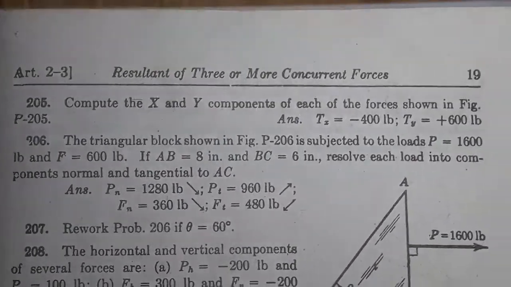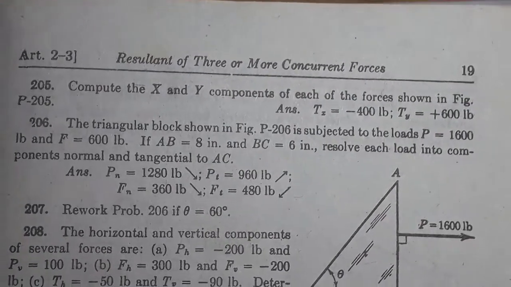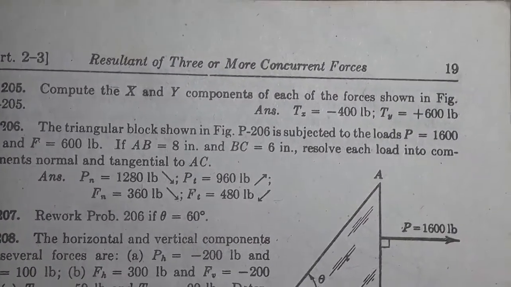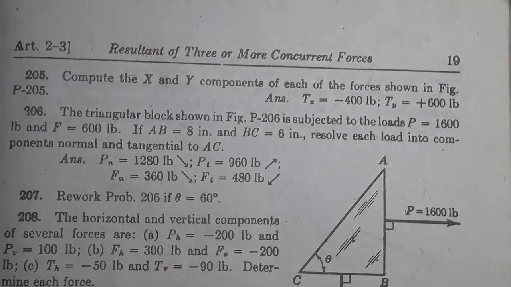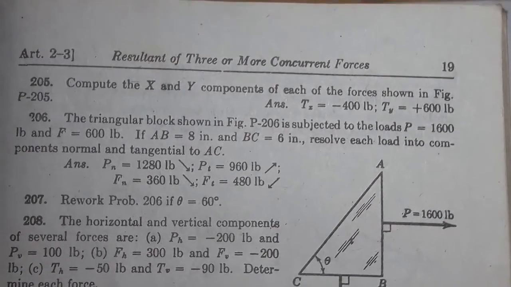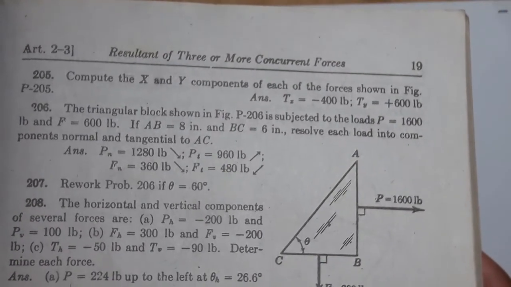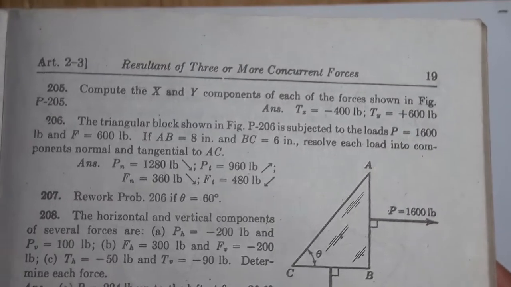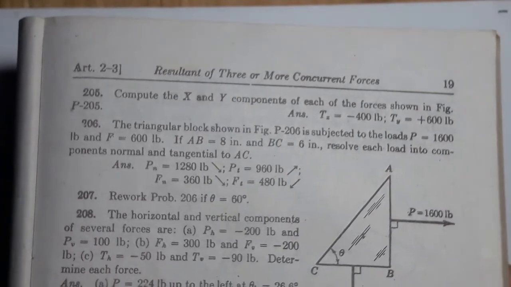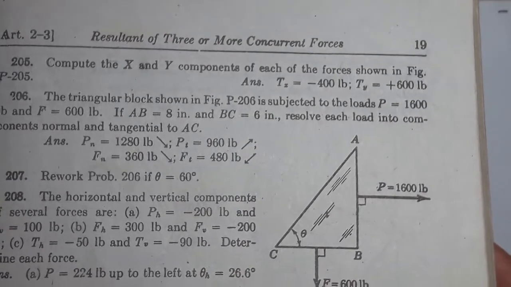Problem 206 states that the triangular block shown in the figure is subjected to the load P with a magnitude of 1,600 pounds and force F with 600 pounds.